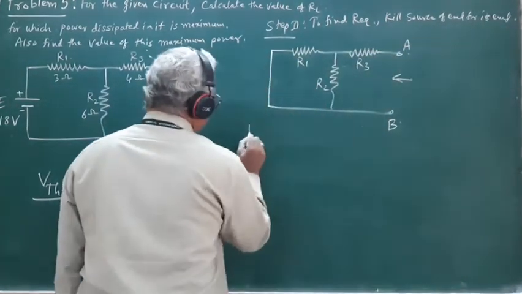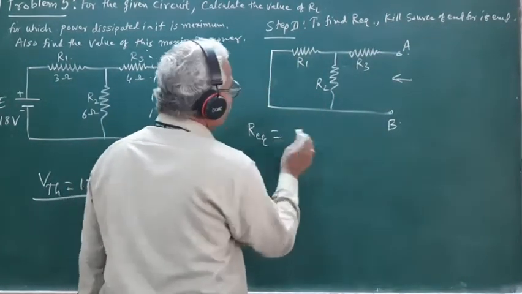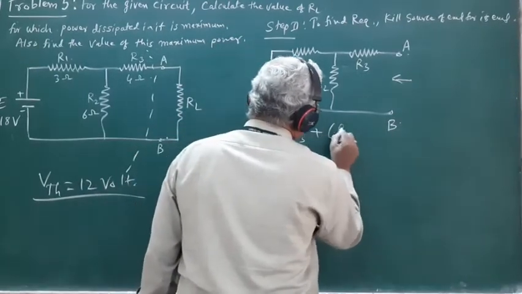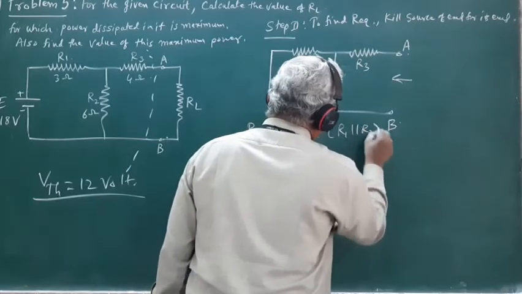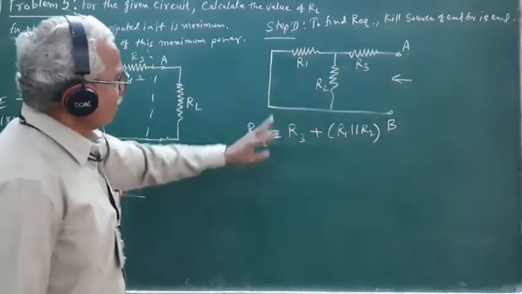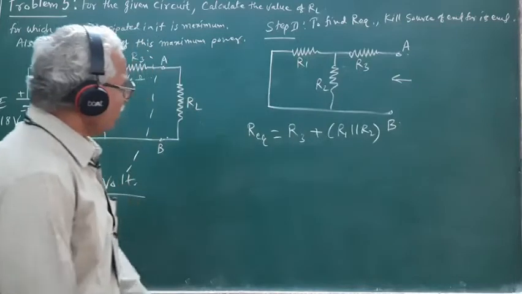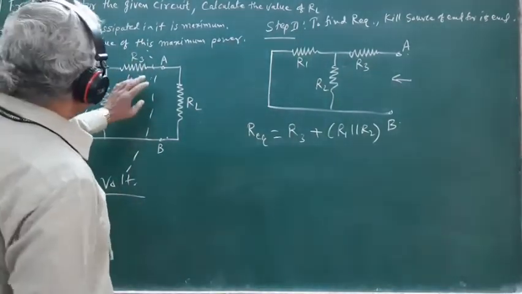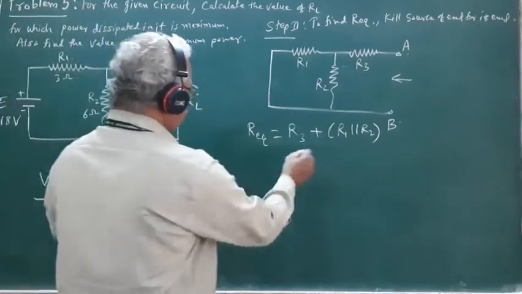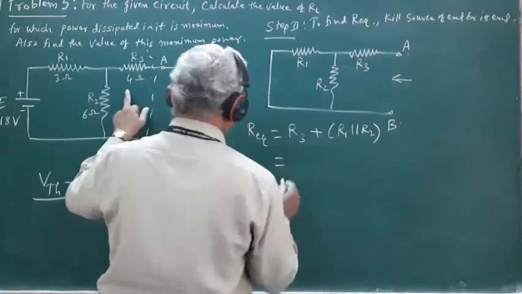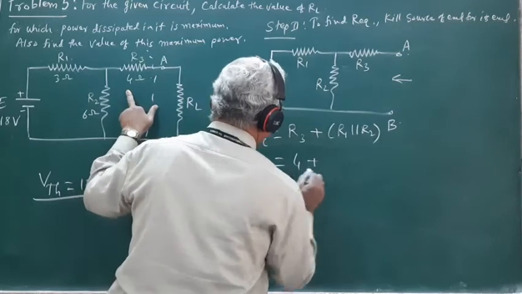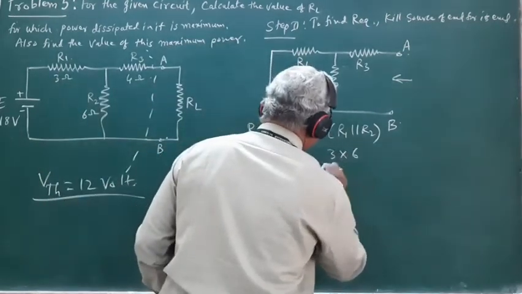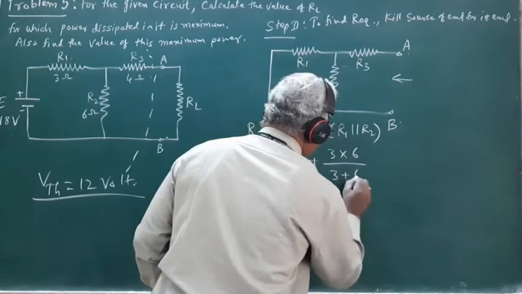So here R equivalent will be equal to R3 plus R1 parallel R2. This is the equivalent resistance of this network. So using the values of R1, R2 and R3 here, we get R3 is 4 ohm, plus R1 is 3, R2 is 6, divided by 3 plus 6.